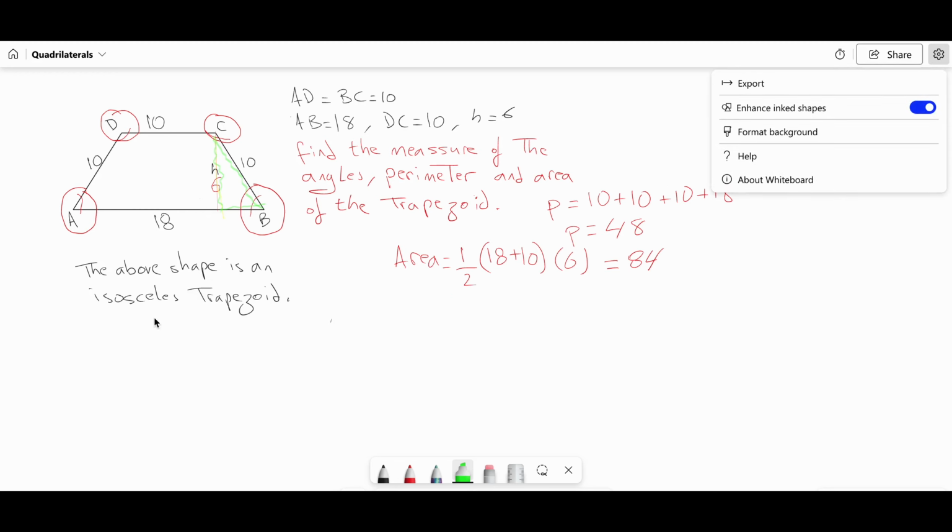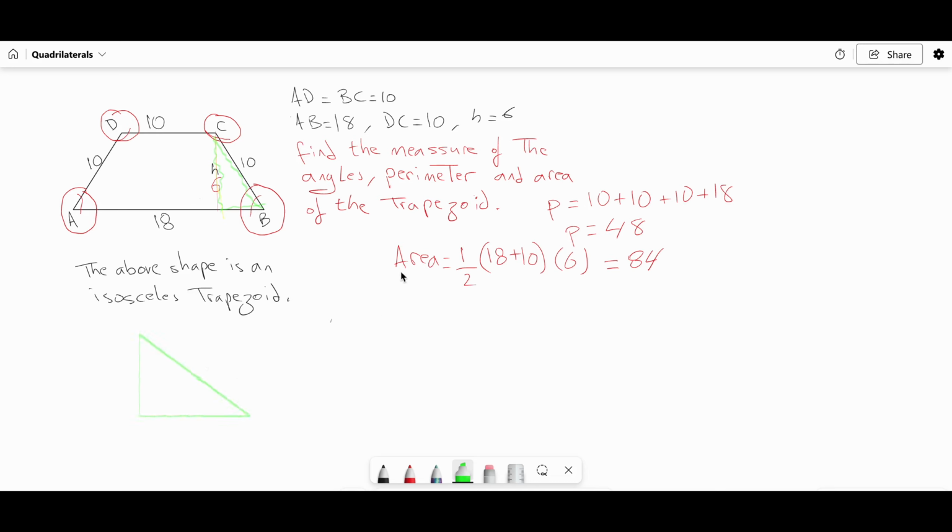Let's draw this right triangle here. This is a right triangle. Let me change the color. Let's do it black. We have a right triangle here.